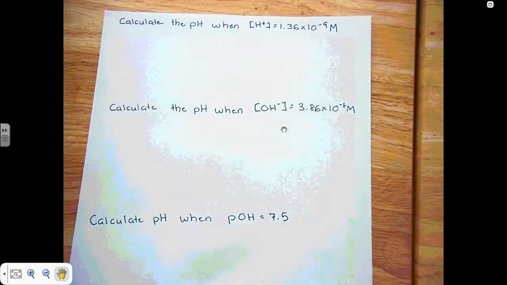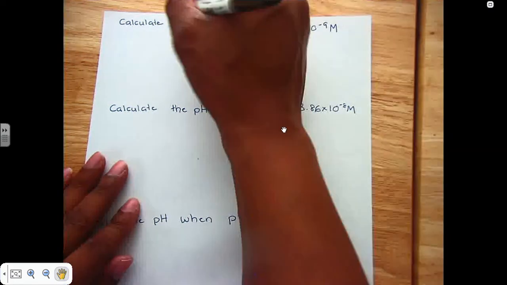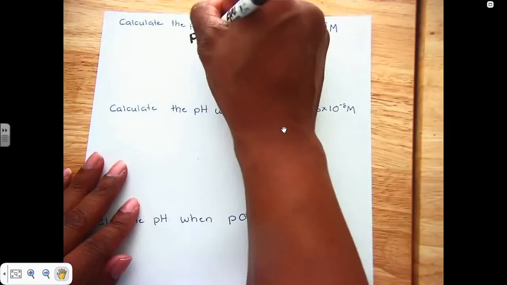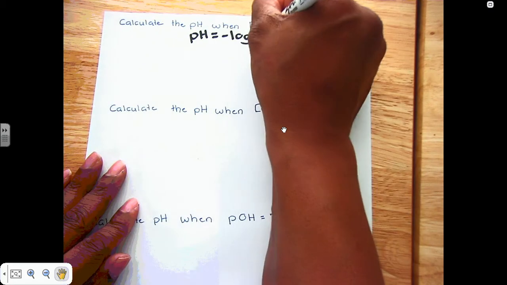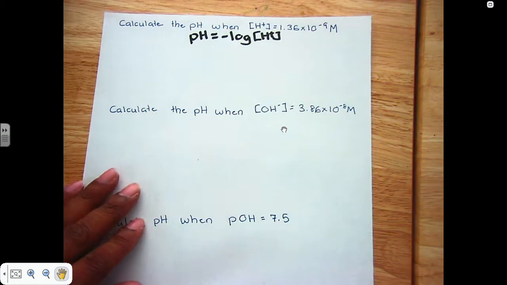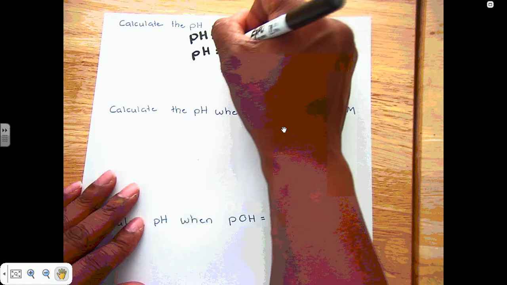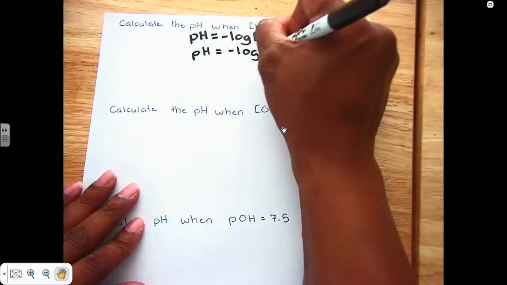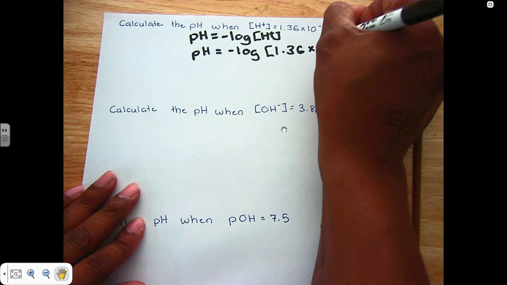All right, so if we're looking at this, to find the pH, we've already said that if we have the value, we know the equation is pH equal to negative log of H plus. Well, here's what we're going to do. We're just going to plug our number in. We're going to say pH is equal to the negative log of 1.36 times 10 raised to the negative 9.